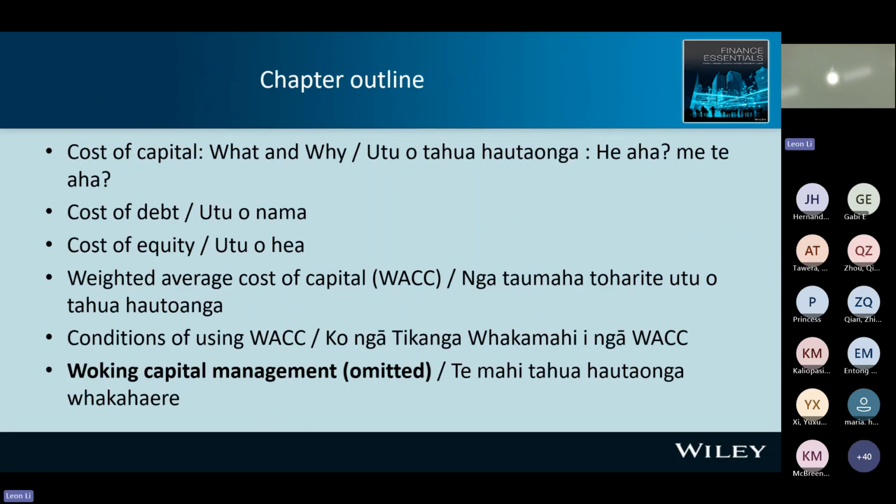Okay, I skipped the final topic, so let me review this topic, then we can finish today's lecture. So, conditions of using WACC. The WACC is the appropriate discount rate only if the proposed investment is of similar risk to the firm's existing assets. When a firm has different projects with different risks, its WACC is an average of the projects' required returns.